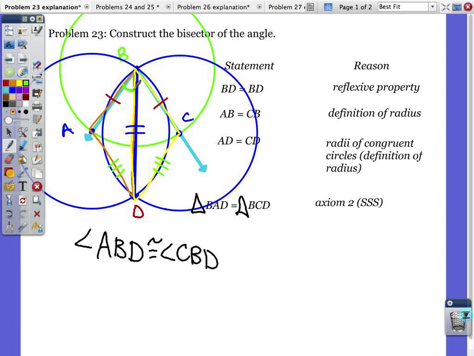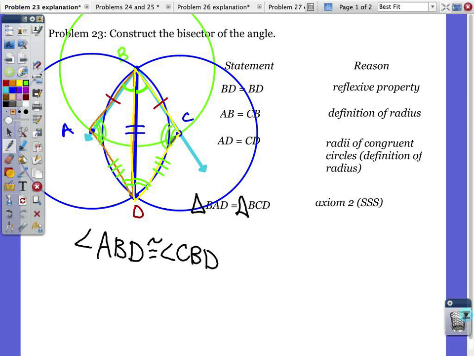CBD, which is this angle. What else is congruent? CDB, this angle, is congruent to ADB, this angle. We only need one of these, but I want you to see what all is congruent. BAD is congruent to BCD.